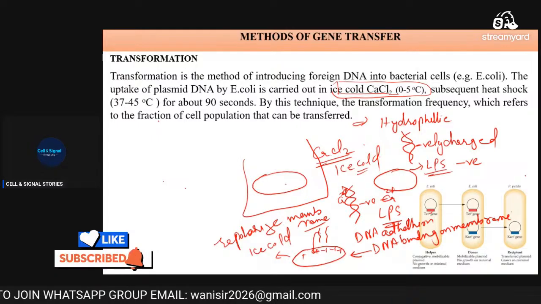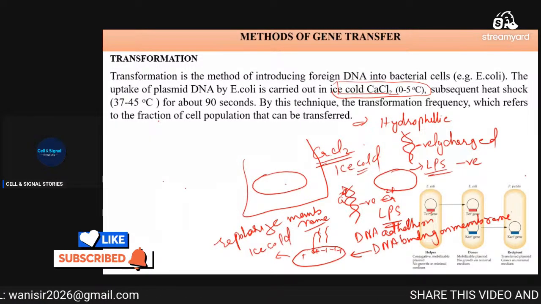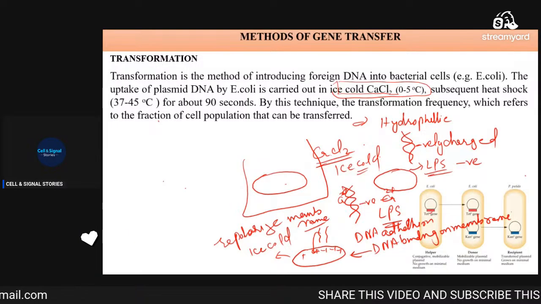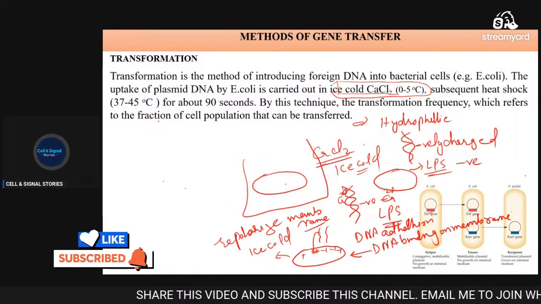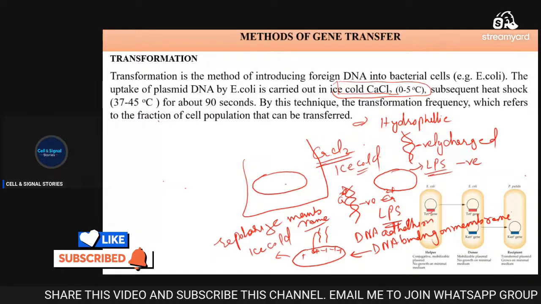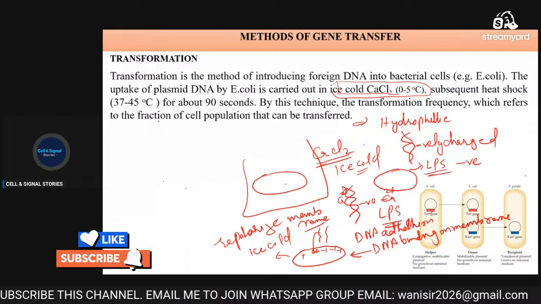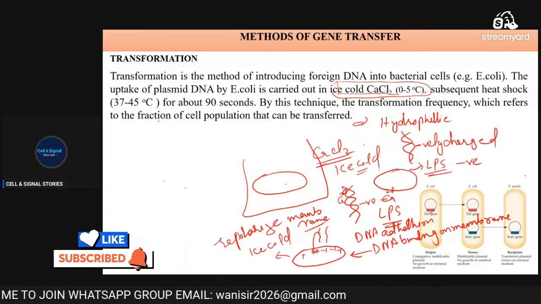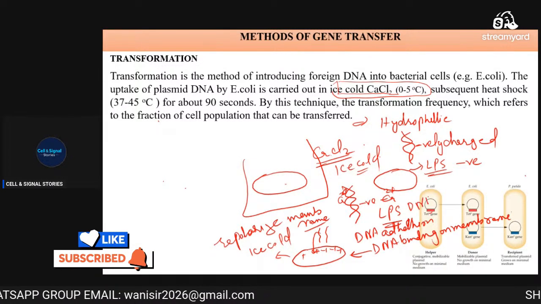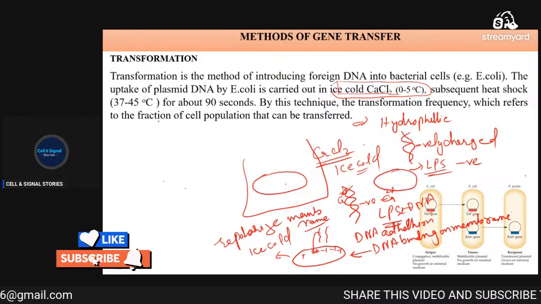Now another thing is, the calcium chloride transformation technique is the most efficient technique among the competent cell methods, and adding calcium to the cell suspension allows binding of DNA to LPS. I told you that it helps in the binding of DNA to the LPS lipopolysaccharide membrane.